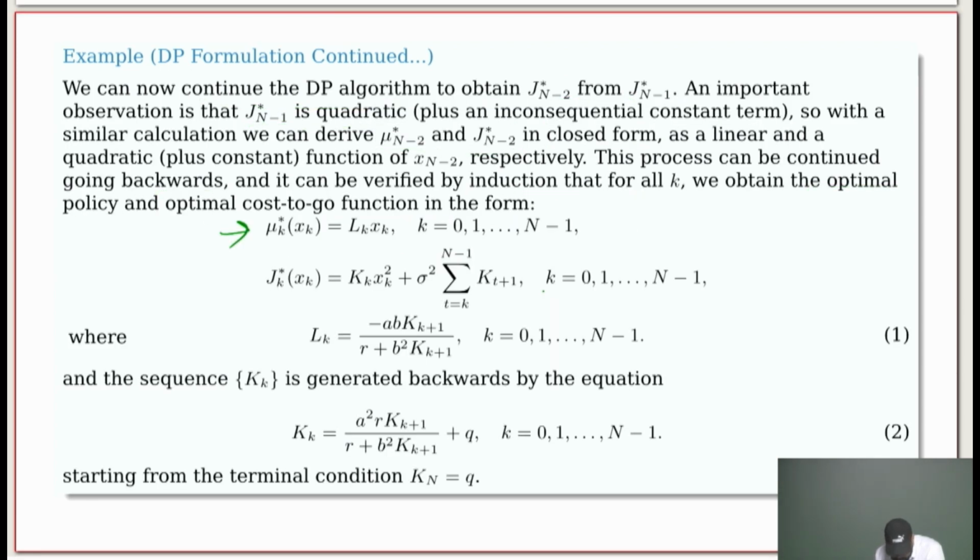So in the kth form, the policy we can write like this: Lk xk gives uk, and L will be given like this. So why is L like this?